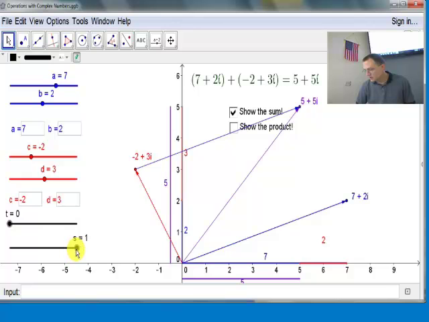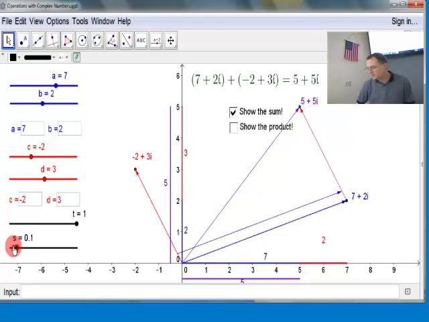You just take the sides of that and move them parallel, and you get, actually, the visual a little bit better there. You take the -2 plus 3i, is that the one that's moving there? Yeah, there you go. And you move it like that. You take the 7 plus 2i and you move it parallel to that, and you get the 5 plus 5i. And you can change these around if you've got a different problem.